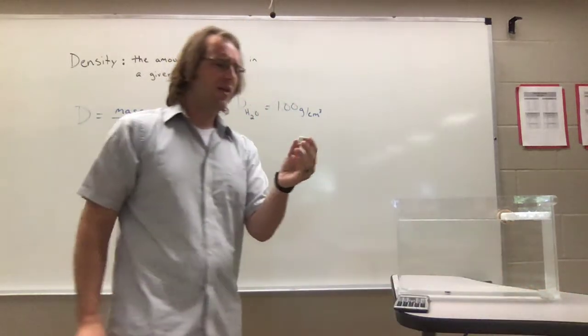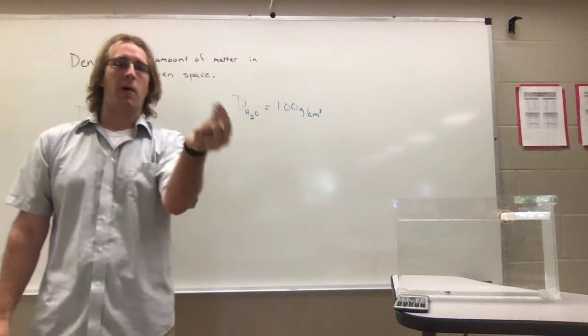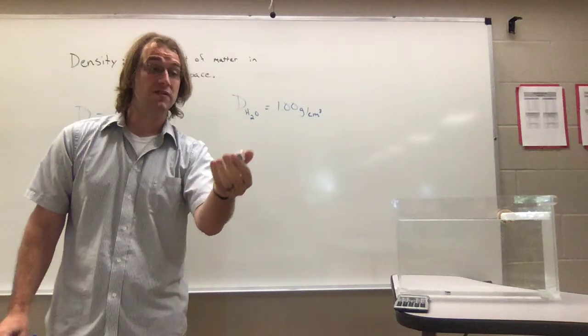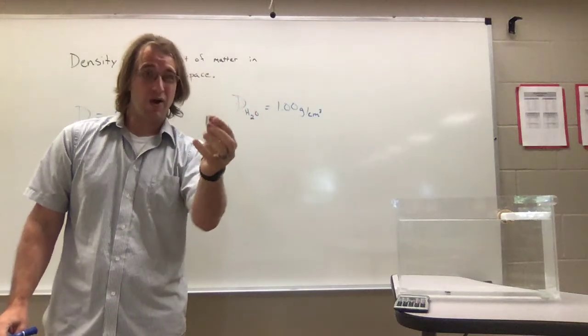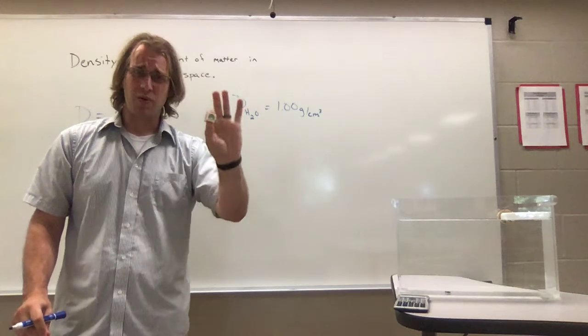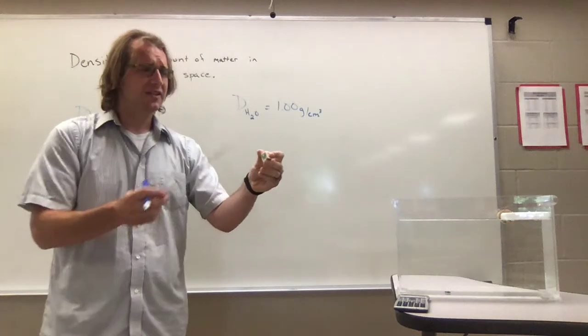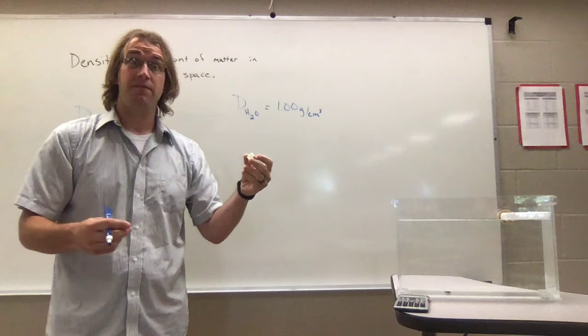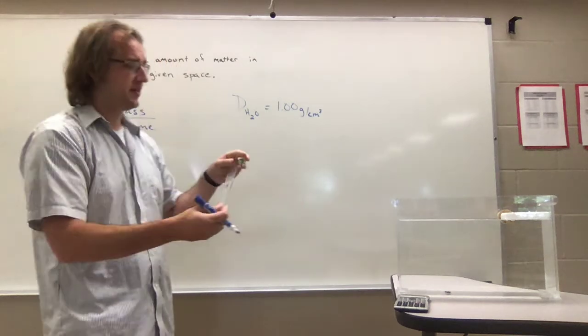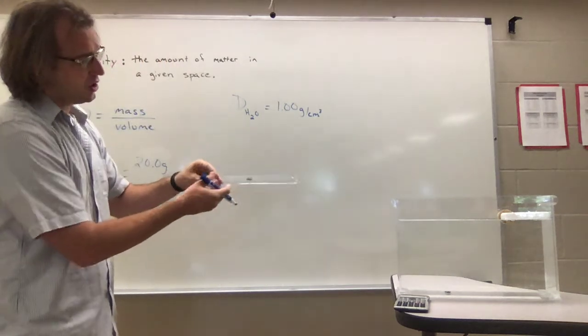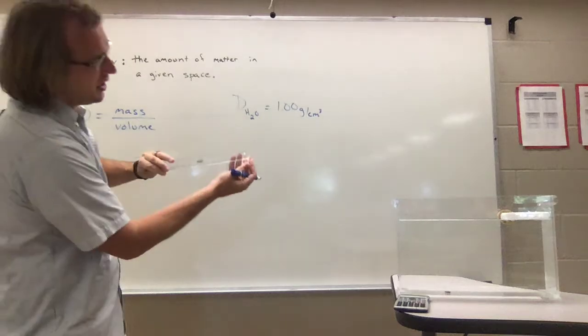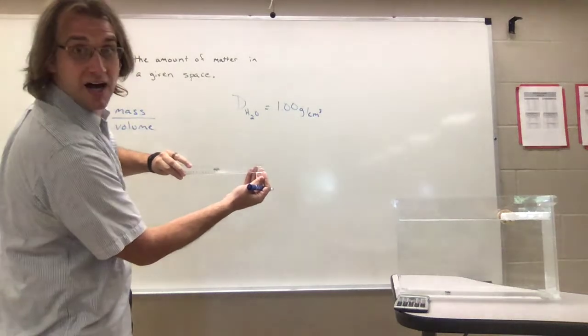We would also need to know the amount of physical space these particles are occupying. We need to know its volume. Well, what's nice is this is what we call a regular object. We have clearly defined sides. So if we've got a three-dimensional cube, to find the volume of a cube, it is length times width times height. Good news, this particular cube is 2 centimeters on edge.